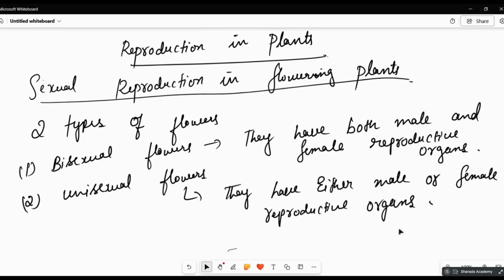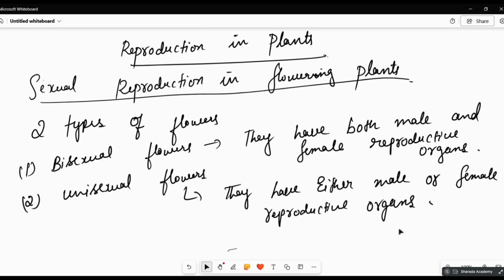Both the longitudinal and the other one, germination, both are there. Both you should draw. Fast. That is what I told now.